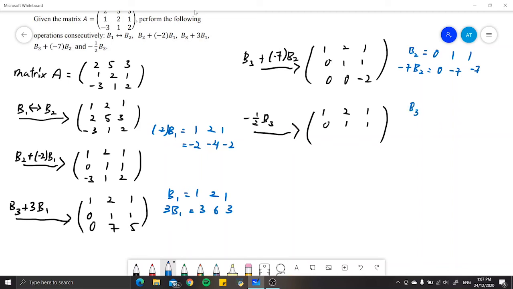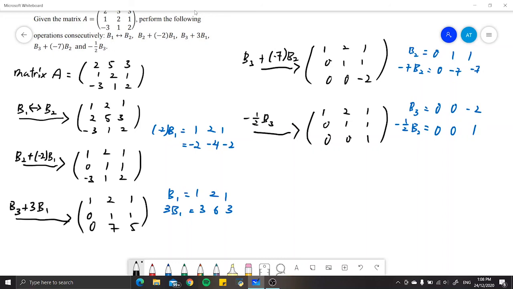So R3 was 0, 0, negative 2. If we multiply by negative 1 over 2, we get 0, 0, and 1. And then we just copy it into the matrix.